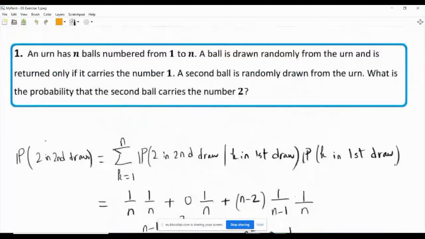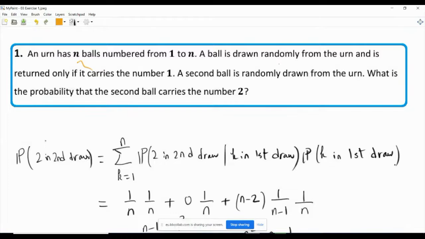So here is our first example. We have a container with n balls. Each ball has a number 1, 2, 3, 4, up to n. Then you choose one randomly, and then you make a decision. You take a ball and observe the number on the ball.